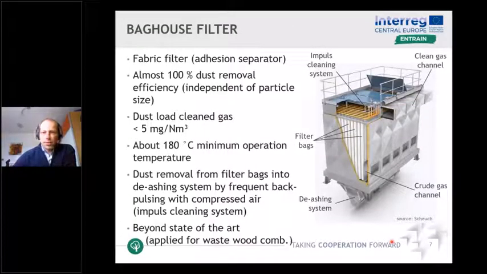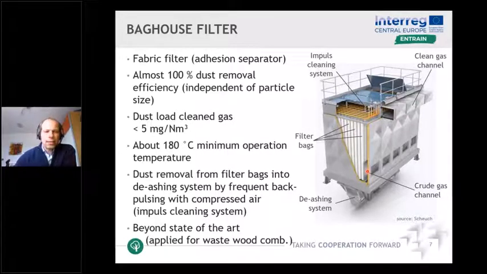So even lower dust loads in the clean flue gas are possible by the use of baghouse filters. Here fabric filters are used. The flue gas is passing fabric filter bags from the outside to the inside, and the dust is collected on the surface of these filter bags.